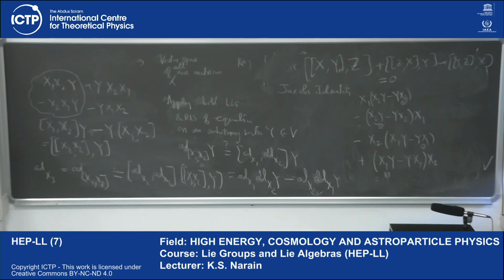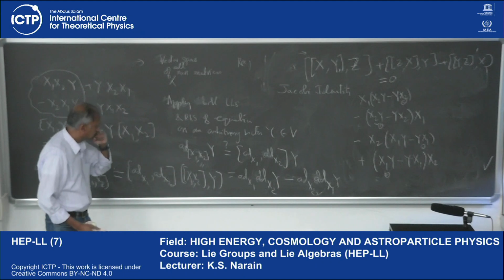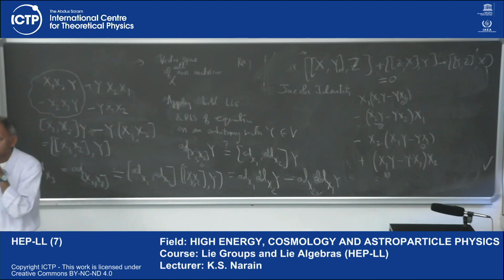Maybe I'm asking a foolish question. Does the second condition imply that the first one is already preserved? I know it's not. Which is the first condition? The first condition is preserving the same vector space. Yeah. So that is automatically satisfied, because in the definition of the algebra, we demand that whatever commutation relation you have defined on the algebra, because the algebra comes with a commutation relation, that commutation relation must satisfy the Jacobi identity.